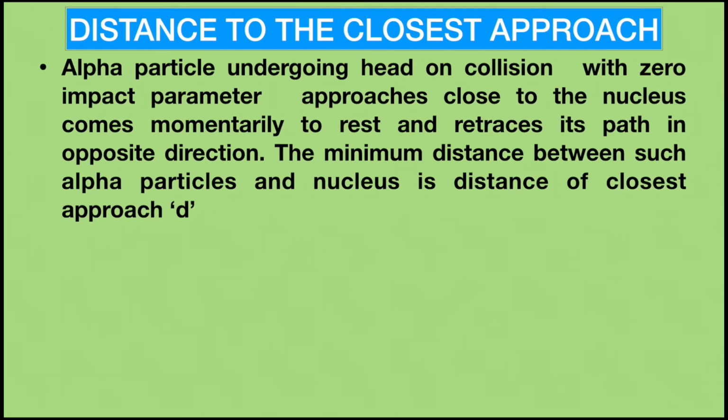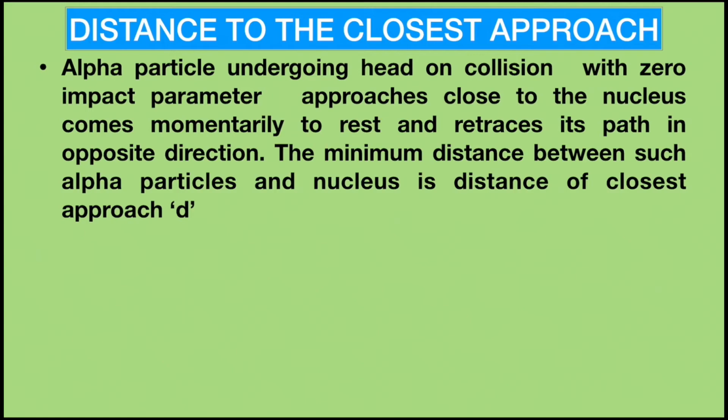An alpha particle undergoing head-on collision with zero impact parameter approaches close to the nucleus, comes momentarily to rest and retraces its path in the opposite direction. That I told you right now. The particle which is moving towards the nucleus with zero impact parameter is scattered with angle of scattering 180 degrees, and the distance which is the minimum distance between the alpha particle and nucleus is known as distance of closest approach, denoted by small d.